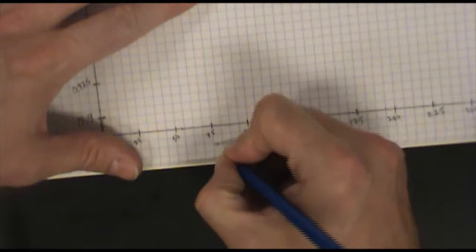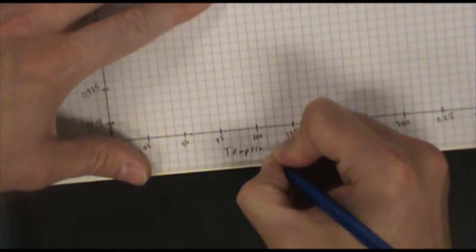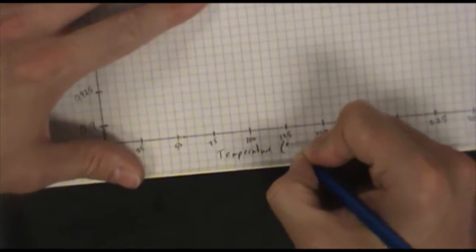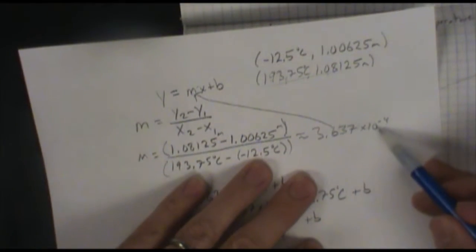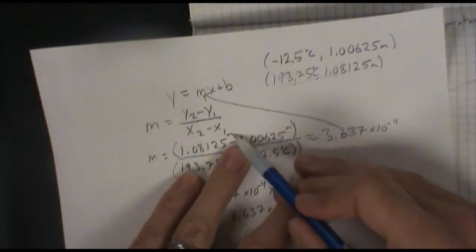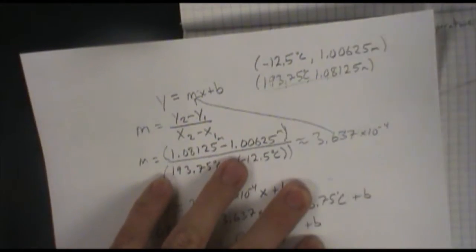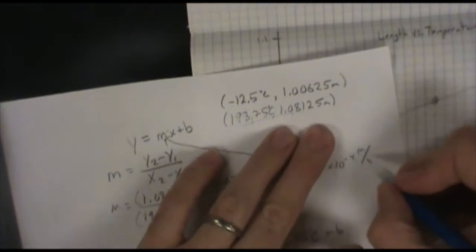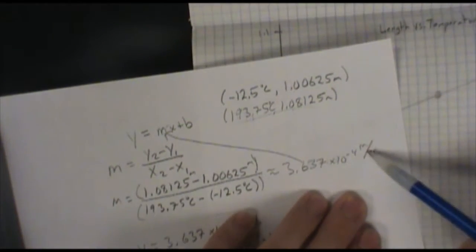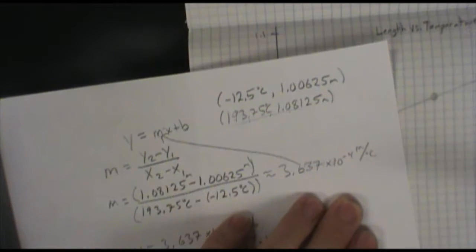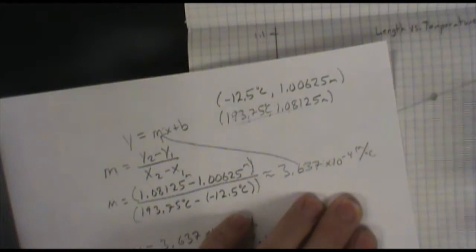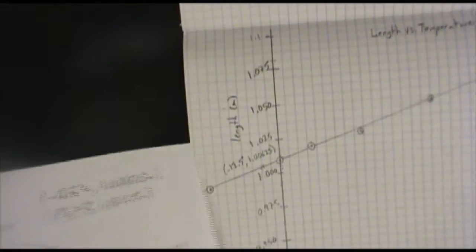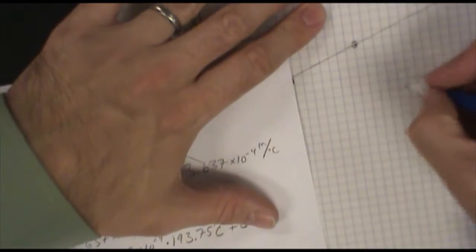On my x-axis, this is temperature in degrees C. So we can go back and look, before we write our final equation, at what that means about the units of our slope. The y values have units of meters. Meters minus meters gives us meters on top. On the bottom, we have degrees C and degrees C. So our slope gives us meters per degree Celsius. Interpreting that is our next part. Interpreting the slope, which I'm about to write here.